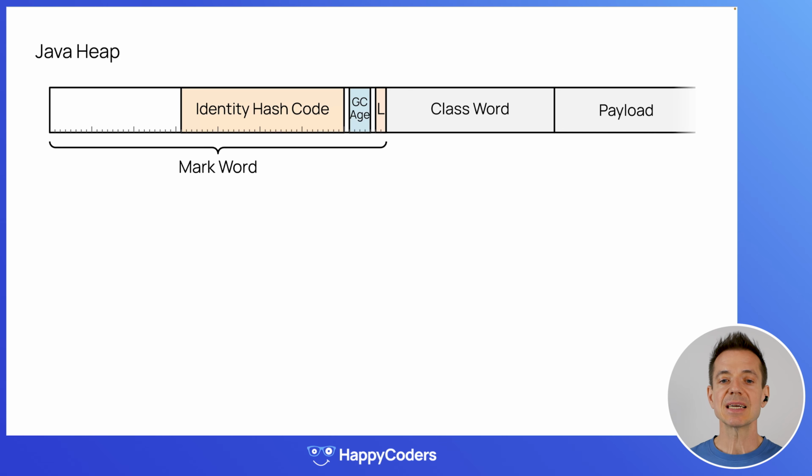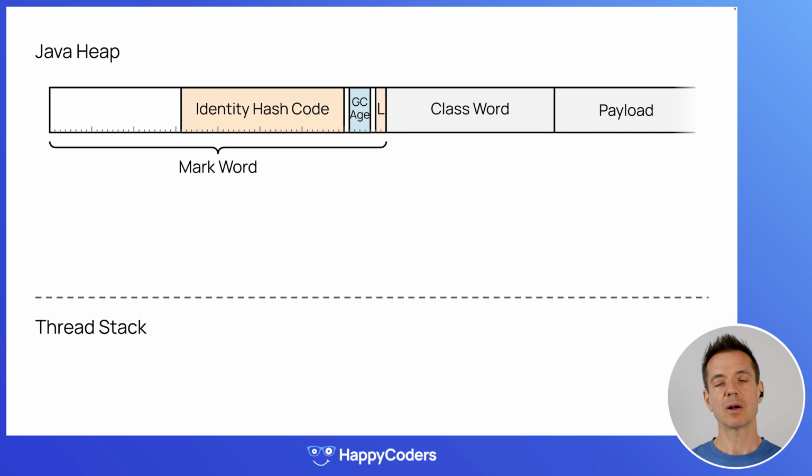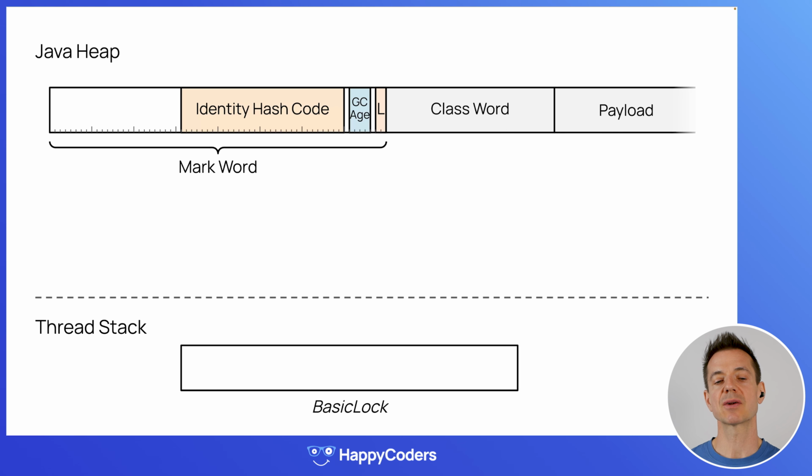With the classic implementation of synchronized, the mark word gets partially overwritten. When a thread enters a synchronized block, this is recorded in the mark word of the object being synchronized on. And here's how. On the stack of the locking thread, a data structure is created, the so-called basic lock.